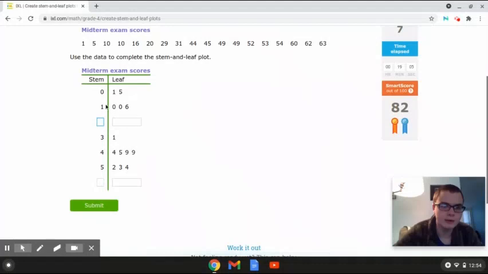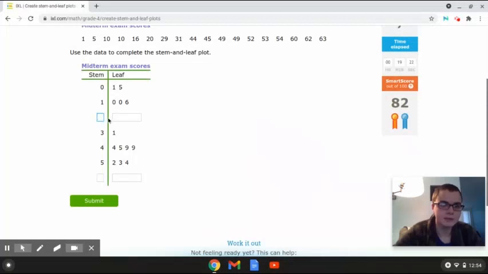And if we look below here at the stem and leaf plot, the first 2 are done for us. So the stem here is for the 1 and the 5, and the stem here is for the 10, the 10, and the 16.